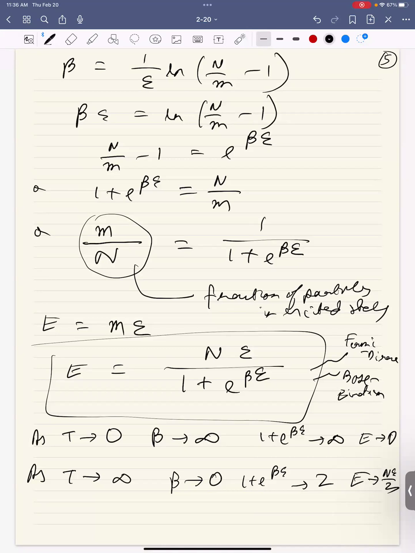And the phenomenon of Bose-Einstein condensation, for which a Nobel Prize was given in 1996, is related to the fact that sometimes the denominator can go to 0 and funky things can happen, and all particles can condense in one state. We will be doing all of this later. For now, you don't have to worry about it, but just keep in mind that this form of 1 by 1 plus e to the power something, or 1 by 1 minus e to the power something, shows up in StatMech, not just classical StatMech, but quantum StatMech quite a lot.